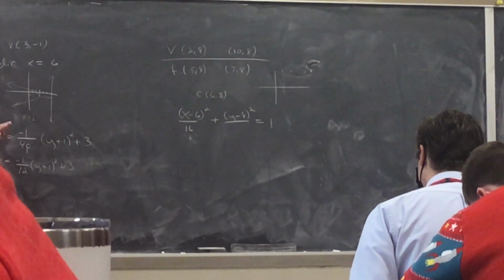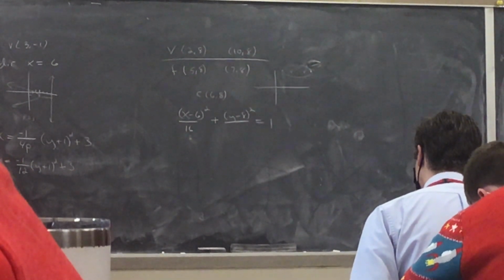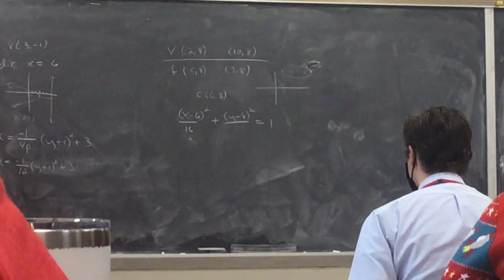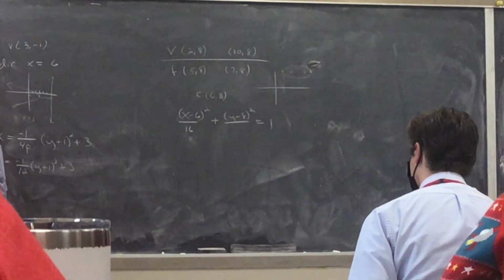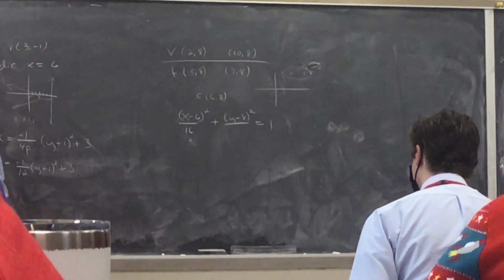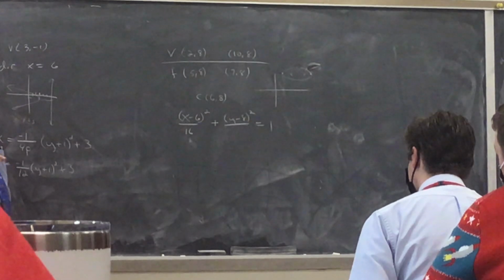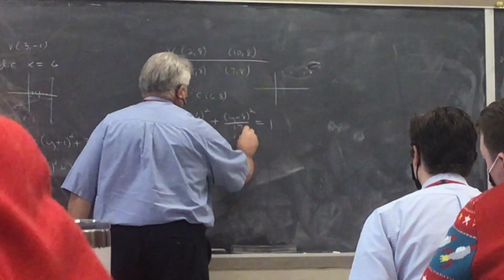Okay? Now, what's the distance from the center to the focus? It's 1, right? If I square 1, I get 1. Those numbers in the bottom have to subtract to give me 1. So, it's 17 or 15.